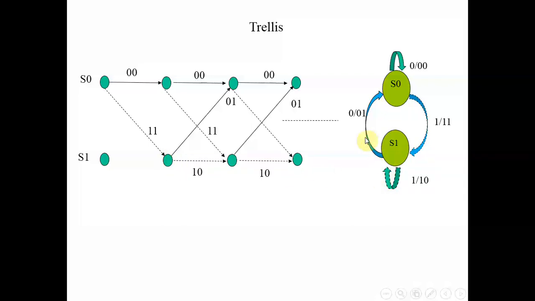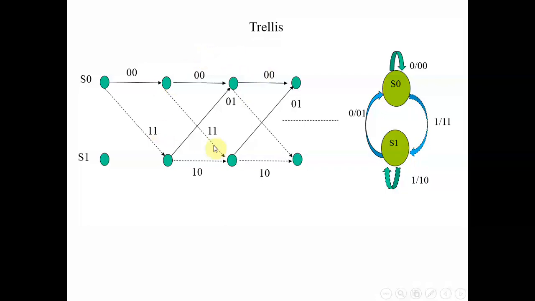If you receive 0, you go to S0, your output is 0 1, which is this solid transition, and if you receive 1, then you remain in S1, your output is 1 0, which is indicated by the dotted line. So this dotted line indicates you are moving from S1 to S1, and this will keep on continuing. This is the trellis representation. Again you see it is similar to tree, but it's expanding only in the horizontal direction, but it retains the advantage of tree structure. What is the advantage?